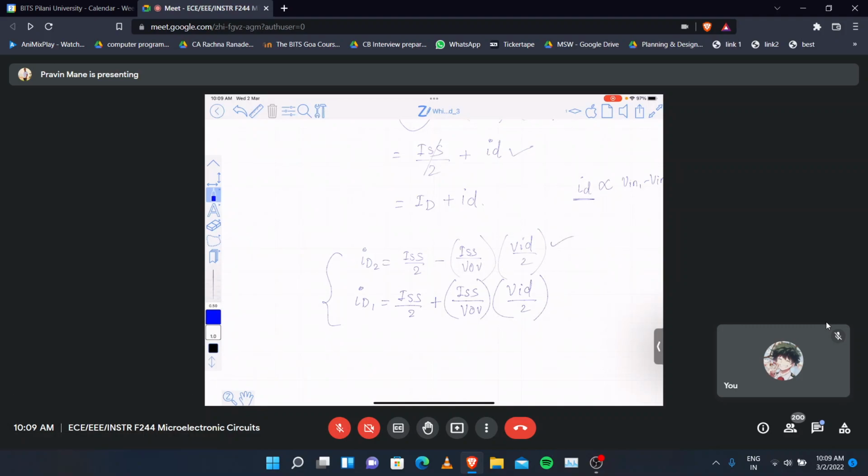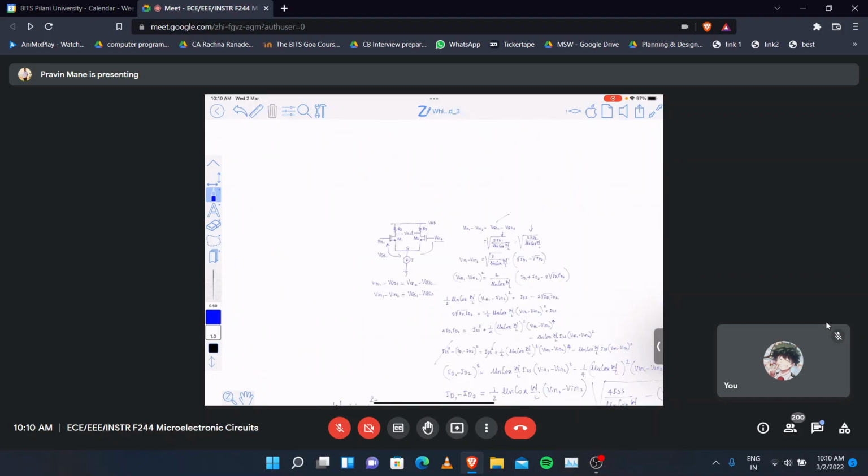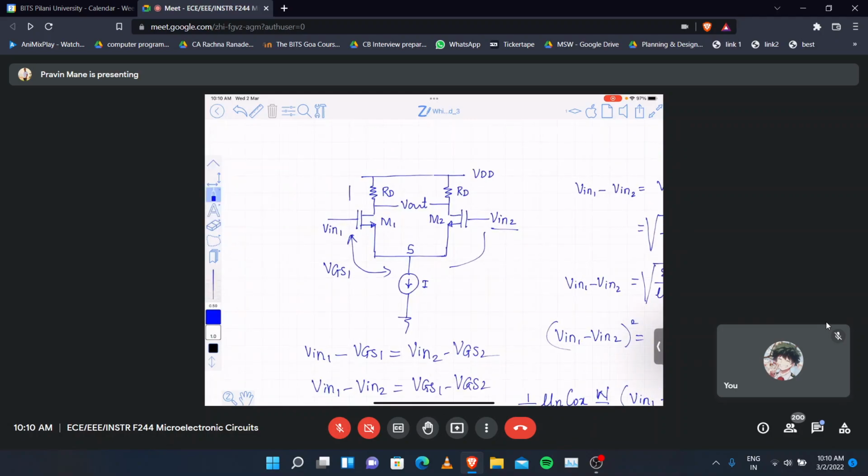And what about AC current? Equal in magnitude, opposite in direction. What is the meaning of it? Suppose if this current increases by say 1 microampere, what will happen to this current? It will decrease by 1 microampere.